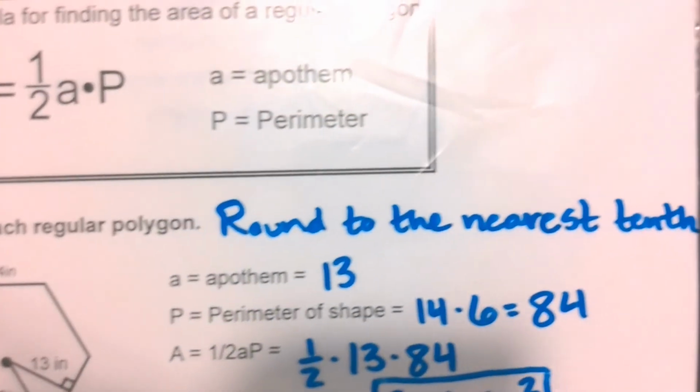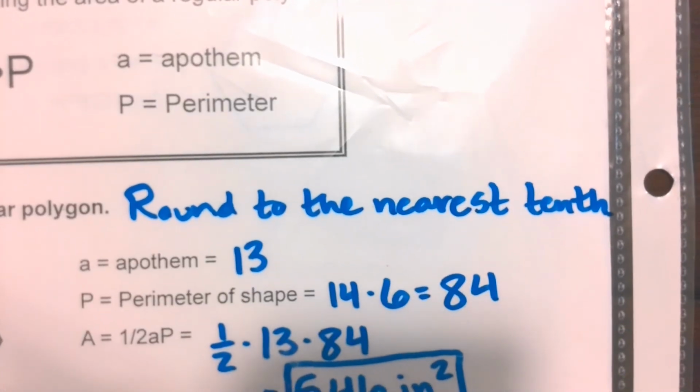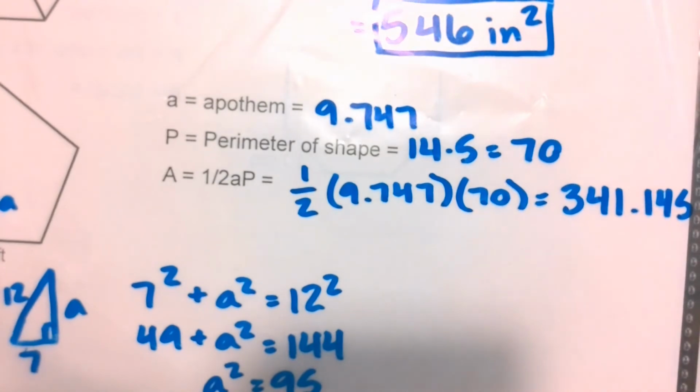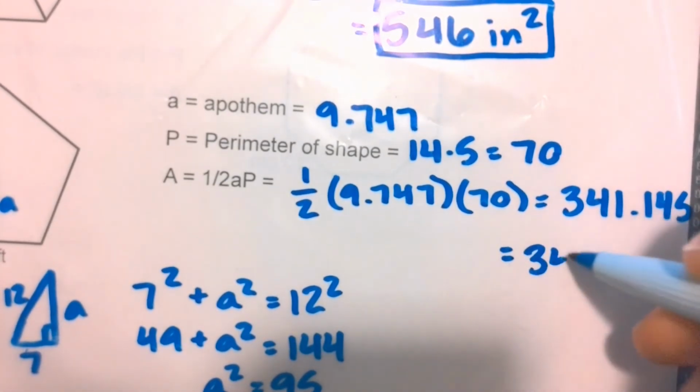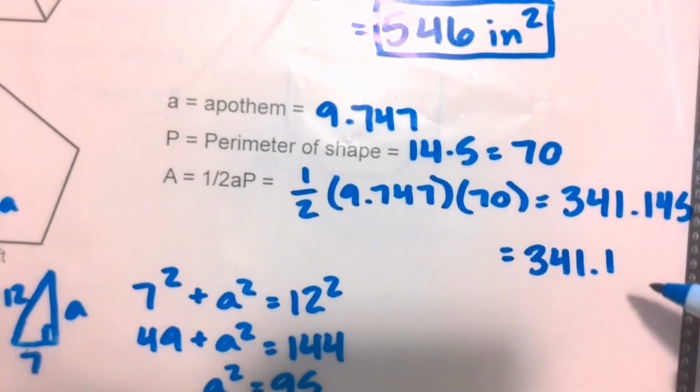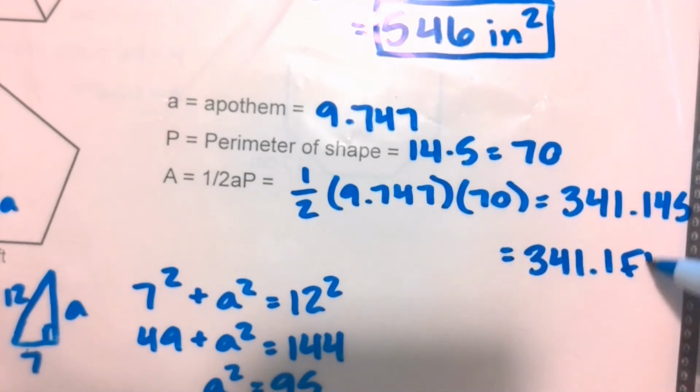Or if we look at our directions, oh look, some appeared at the top, round to the nearest tenth. So 341.145 is going to be a 341.1 when we round, and it was feet squared.